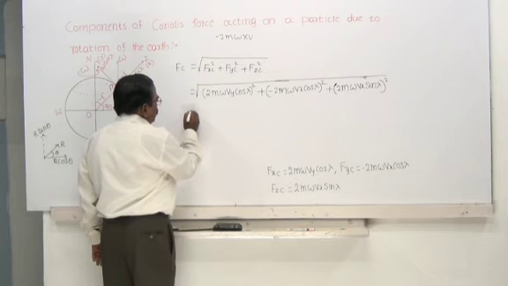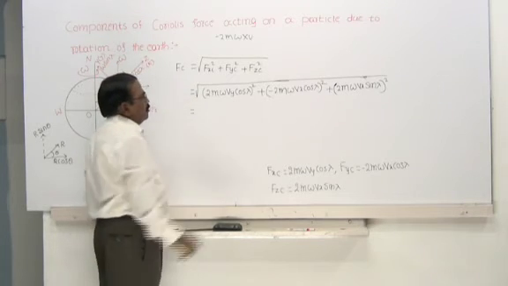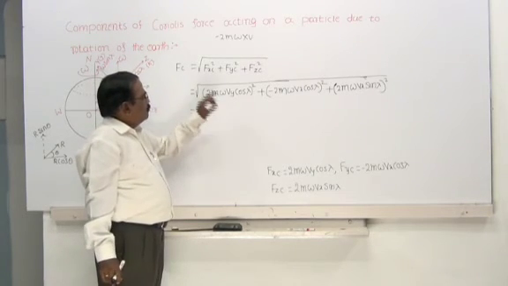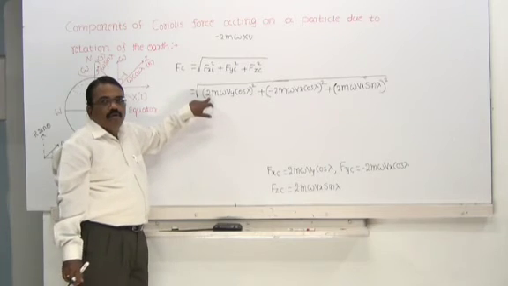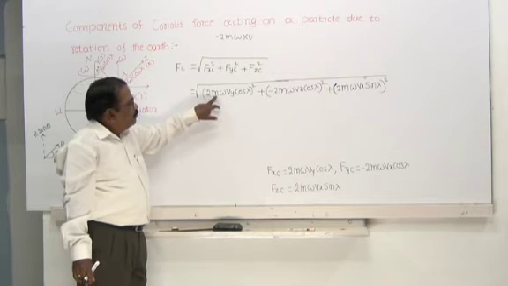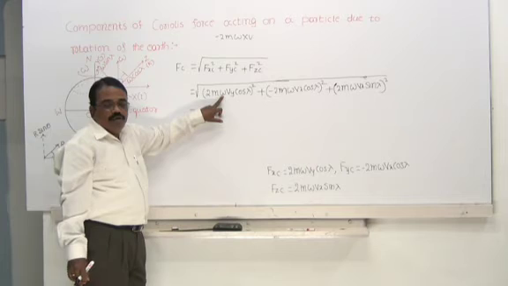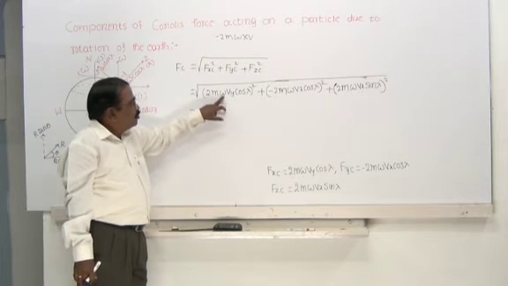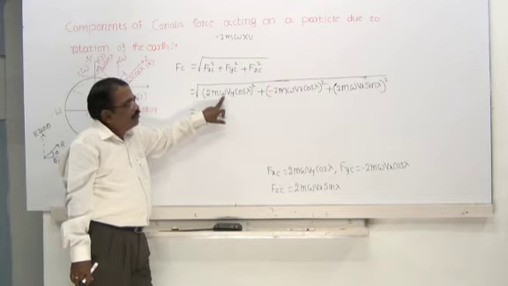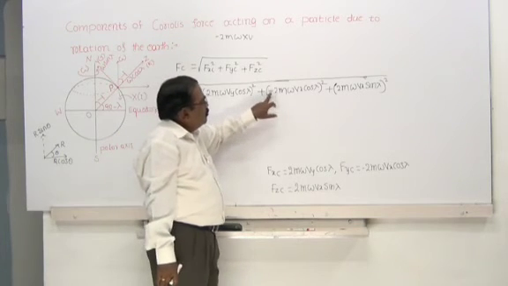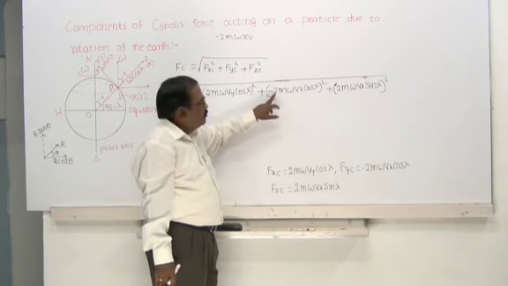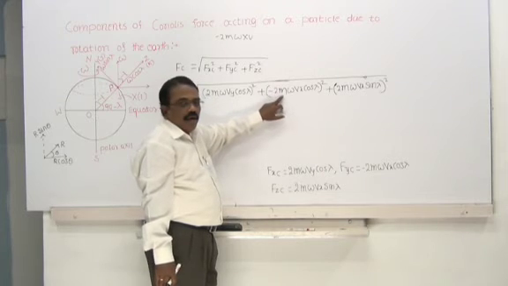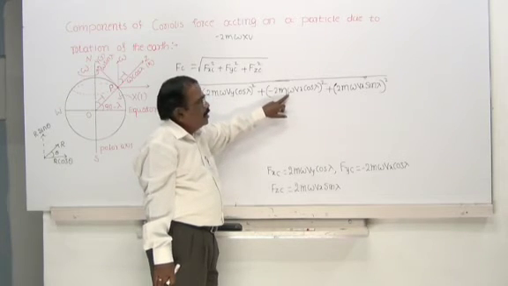See, if you take the square of this, it becomes 4m square omega square. Follow it carefully because I want to write directly. 4m square omega square. Here also, of course, this becomes plus because of that square. 4m square omega square.